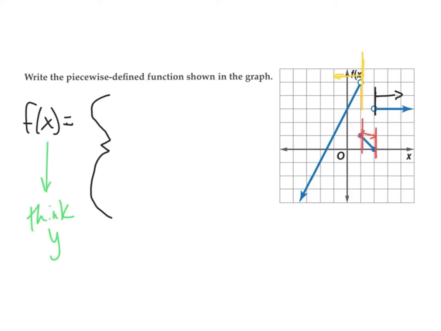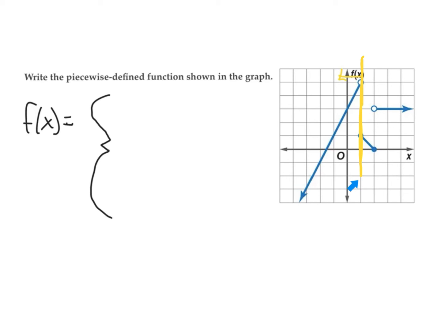Okay? So we're going to start with the piece furthest to the left. Okay, and if you want to, you can extend that boundary all the way down to the x-axis. Because that's the wall. There's a right wall for this piece.